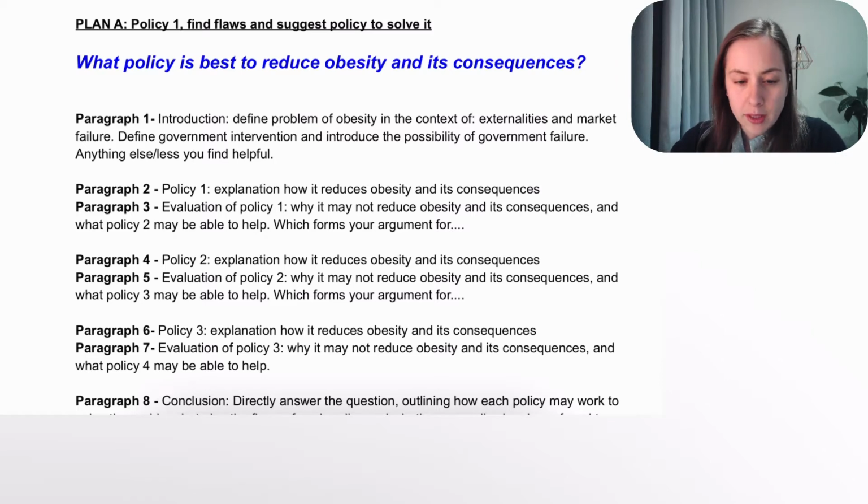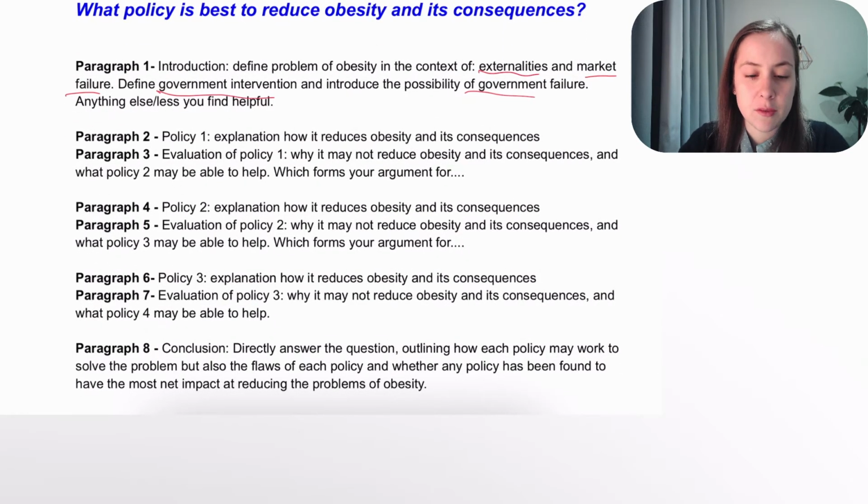So an introduction, I've discussed it before, isn't completely essential, but in this kind of question you probably want to define externalities, market failure, define maybe government intervention, anything that you find is helpful, but that's not really the focus. The focus is here we see in paragraph 2. Here I've suggested policy 1, which would be tax.